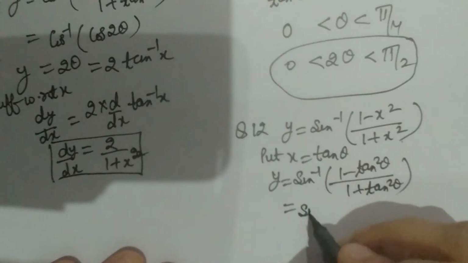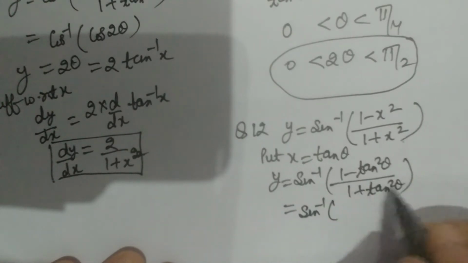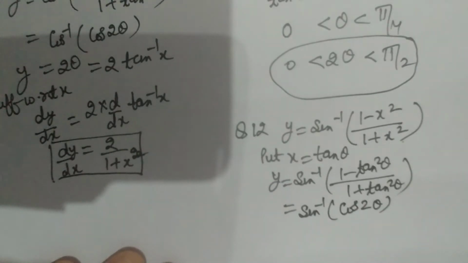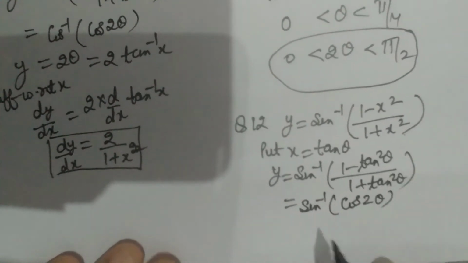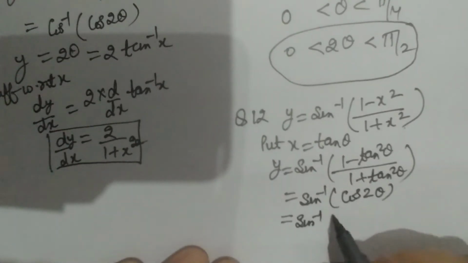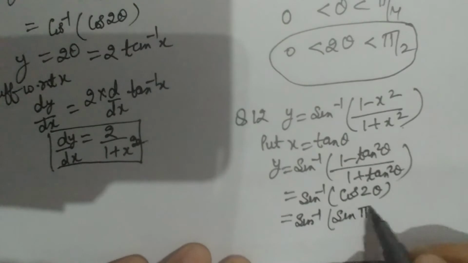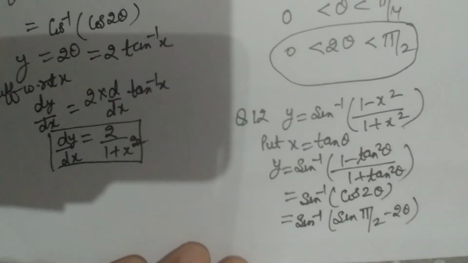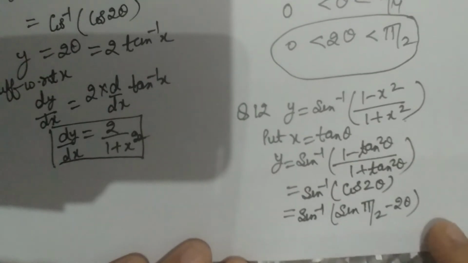It will not be sine 2 theta, it will be cos 2 theta, but I need sine. Can I change? Yes, I can change it as sine of (90 minus 2 theta).